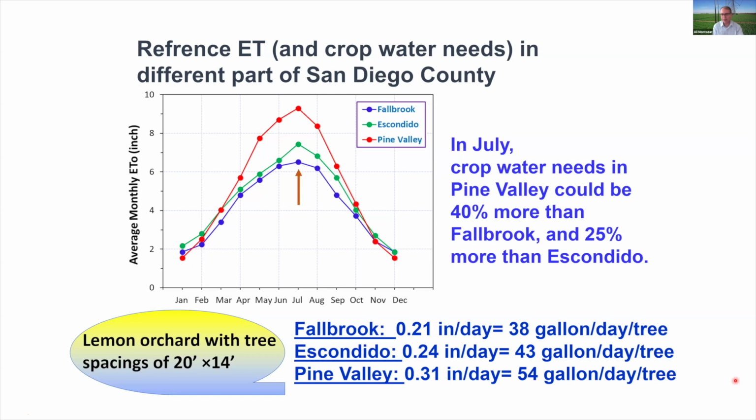If we have a lemon orchard in these 3 locations, with the same old trees, the same irrigation system, and the same soil type, there is a significant difference in the crop water needs of those orchards. In Fallbrook, we might need about 38 gallons per day per tree. In Escondido, about 43, and in Pine Valley, 54 gallons per day per tree. So as you can see, the difference is very significant.